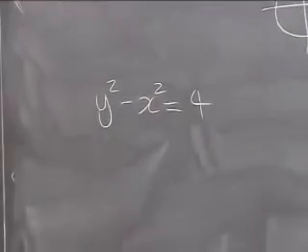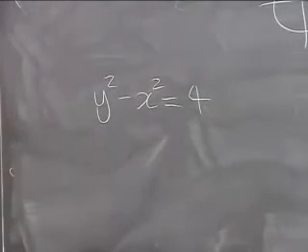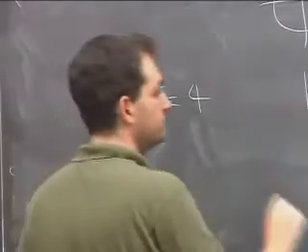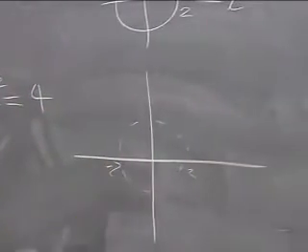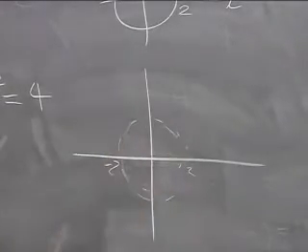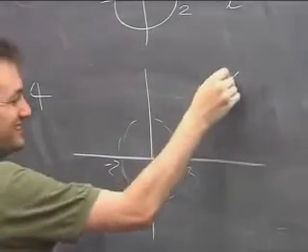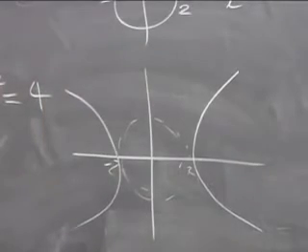We don't really pay that much attention to this, but you better learn that this is a hyperbola. Sort of has a circle of radius 2, but it's going to be a hyperbola like this. No, it's not.